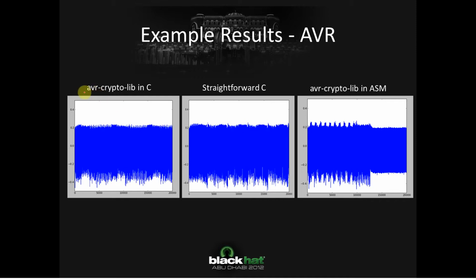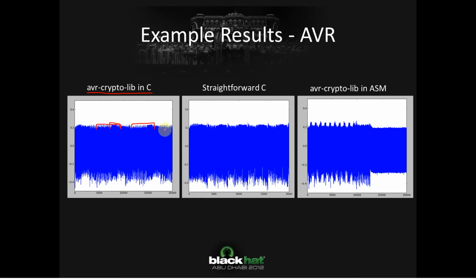But what you see is that here's this AVR CryptoLib. I've just chosen 3 libraries that when you Google AVR AES, they come up as some of the first ones. So this AVR CryptoLib in C will look something like that. And you often will look for these hunks indicating, so you can see these are all the same here.